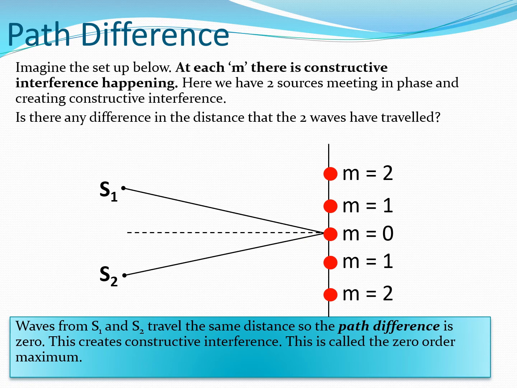And we call this point, m is equal to 0, the 0 order maximum. It is the first point where we hear a loud sound. So we call it the 0 order maximum because there is 0 path difference.